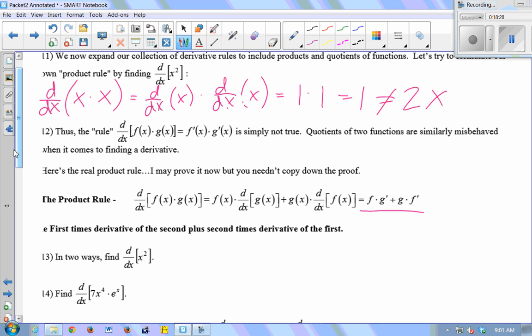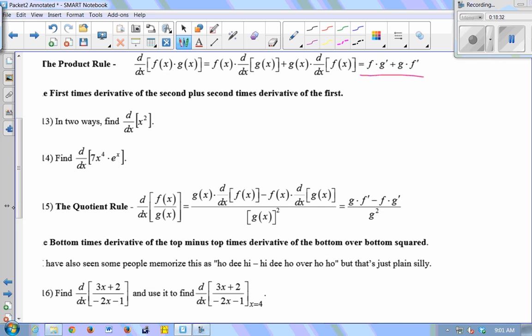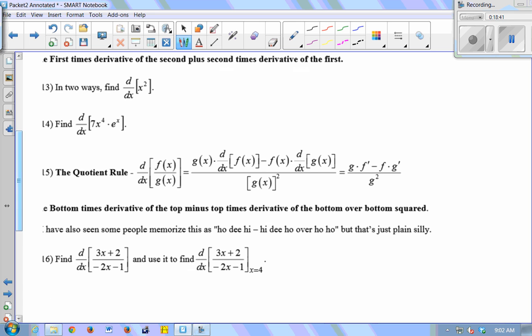Okay, so the rule in English says that when you're multiplying two functions, you want to take the first times the derivative of the second, plus the second times the derivative of the first. So in two ways, I want to find d dx of x squared. So I have one way, the power rule, right? Real easy. And I get 2x. Or now I could treat it as a product of x times x and apply the product rule.